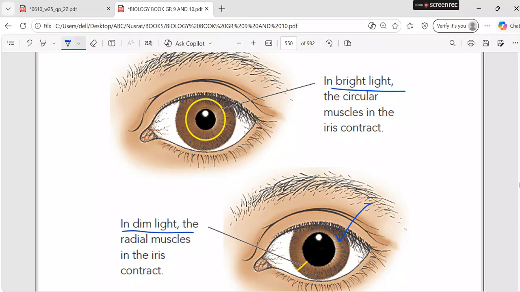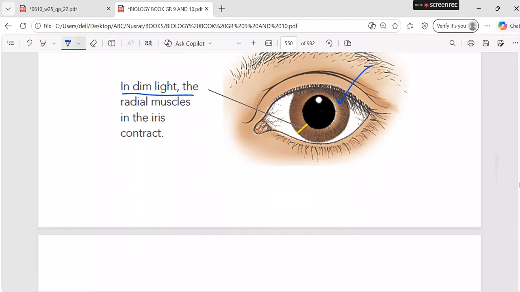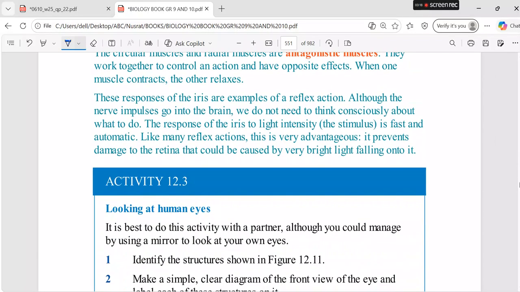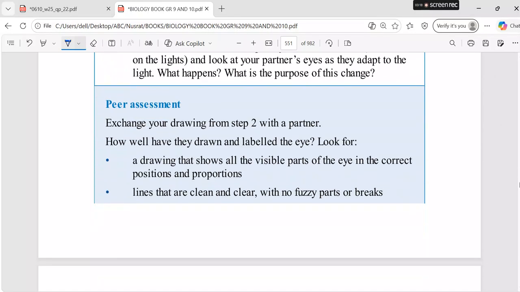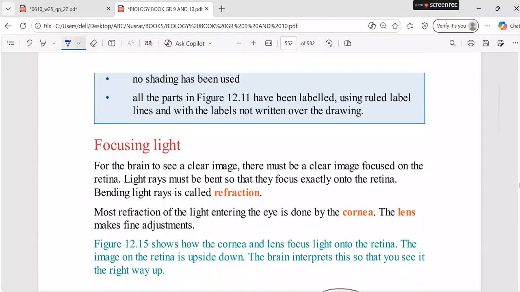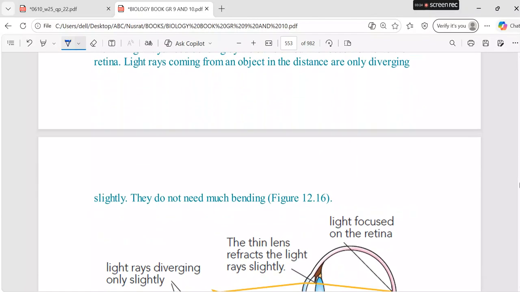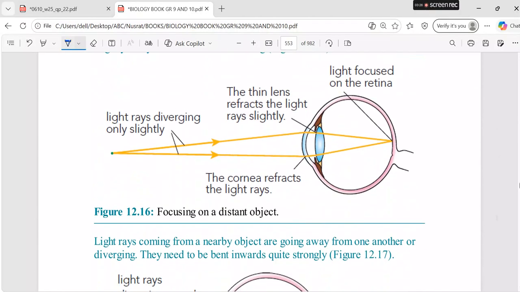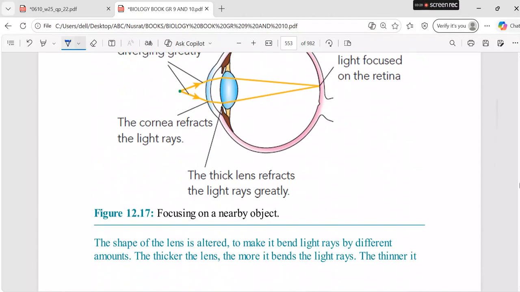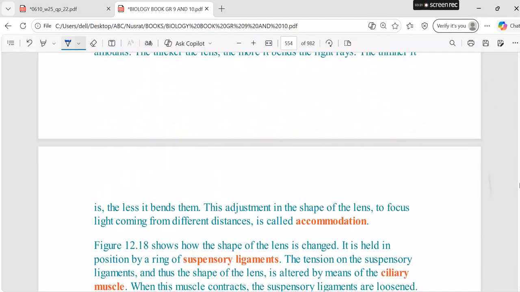Now, one more thing I want to tell you, this is called focusing of the light. There is one more concept which is being asked in this question, which is called accommodation of light or adjusting the focus. Now, what happens over there?